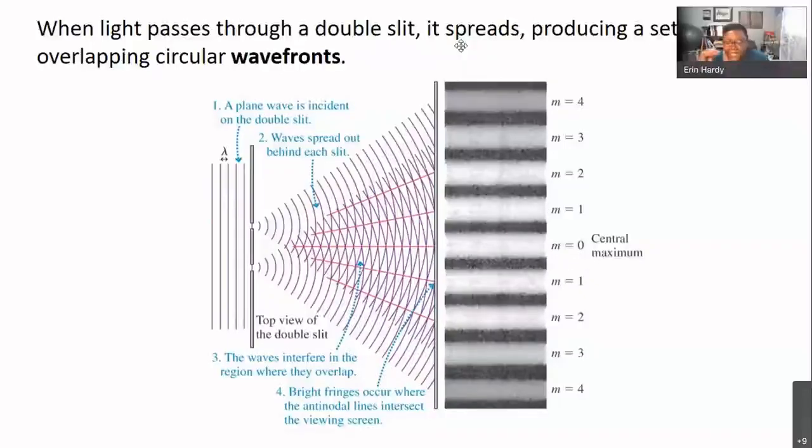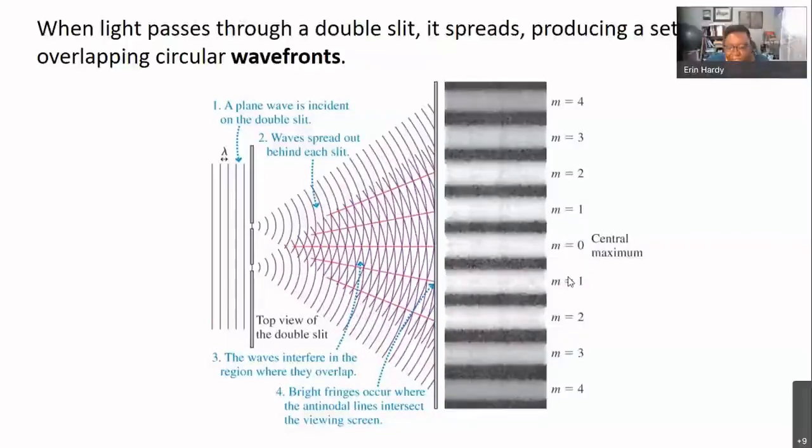We're going to use m's in a similar way to what we did in our standing wave conversation a bit earlier. So this would be m equals 0. Remember, for standing waves, we always start at m equals 1. But for light waves that are interfering with one another, there is a meaningful m equals 0 bright fringe. That's the term that we can apply to this. So that's the central maximum.